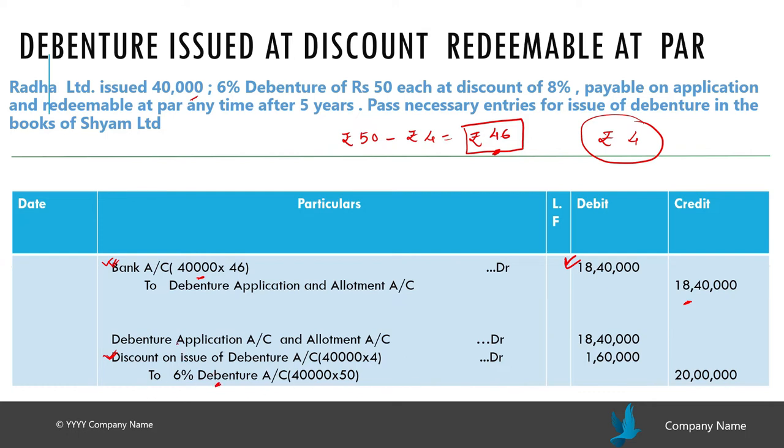So for transfer, the entry will be debenture application and allotment account 18 lakh 40,000, discount on issue of debenture 40,000 into rupees 4, that is 1 lakh 60,000. Again, as you know, in debenture account we always multiply the number of debentures with the nominal value of the debenture, and here the nominal value is rupees 50. So it will be 40,000 into rupees 50 and the amount will be credited as 20 lakh.